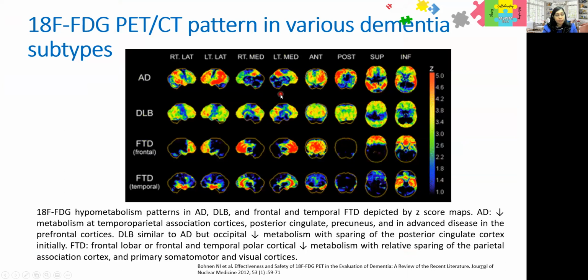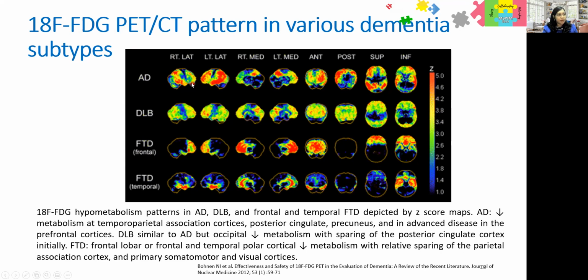There are typical characteristic features of FDG hypometabolism that can be seen in various subtypes of dementia, which include AD, dementia with Lewy bodies, and frontotemporal dementia, which can be frontal or temporal subtypes of lobar FTDs. For FDG hypometabolism patterns in AD, there is FDG hypometabolism at the temporoparietal association cortex.